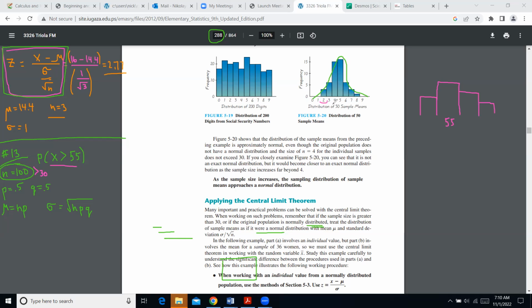Notice, just like in the picture, we deal only with whole numbers because we're actually looking at the birth of a baby. So it could be either 55 or 56 or 57 or more, or 54. It makes no sense to talk about fractional pieces. So we can only go with greater than 55: 56 or 57 or 58 and so on, all the way to the right.